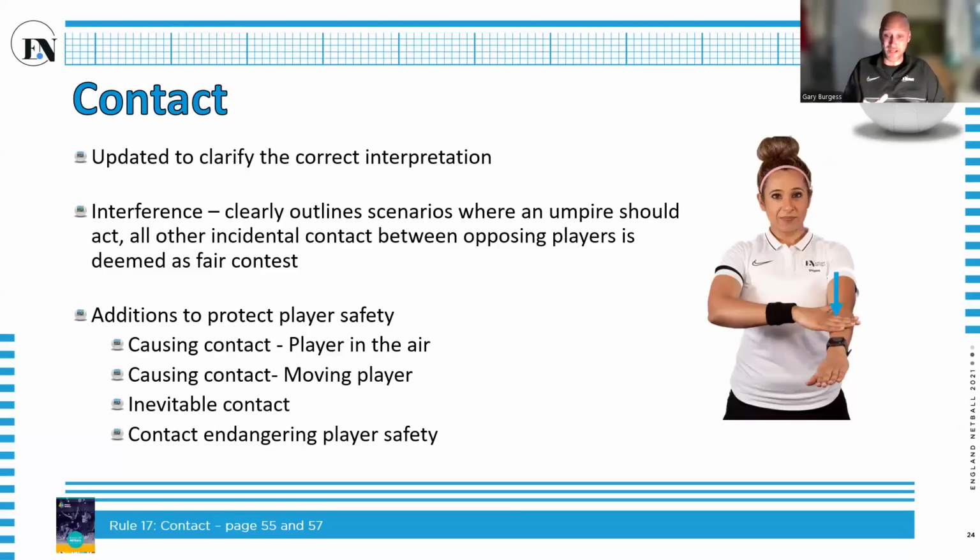So what this basically means is any bumps or brushes that may well have occurred previously are now not really enough to tip the scales in contact. Now, one of the top tips I can give you when you're thinking about whether interference occurs, or whether physical contact between opposing players does actually interfere, is: is there a loss of possession? Often, if there has been a loss of possession, that contact was enough to tip the interference button.